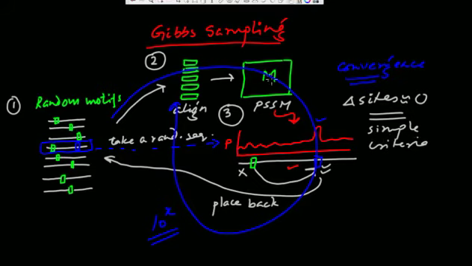Much better criteria comes from the quality of this matrix. Okay, so let's look at that. So if we have our PSSM matrix, which was initially random, right?